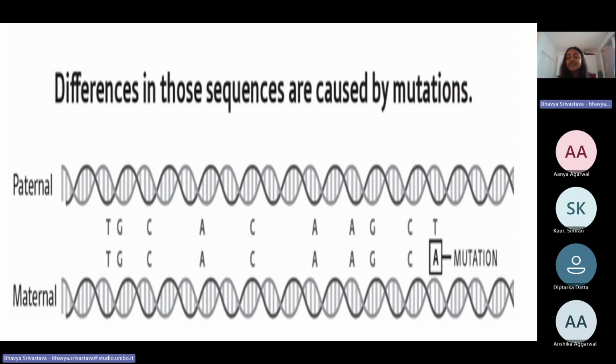They go for a DNA test. This is what they are actually trying to do. They'll take the DNA from both the parents and from the offspring, and then they will look at the letters and see where the difference arises or where the similarity arises, how similar or different they are, to understand if they are the offspring of the given couple.